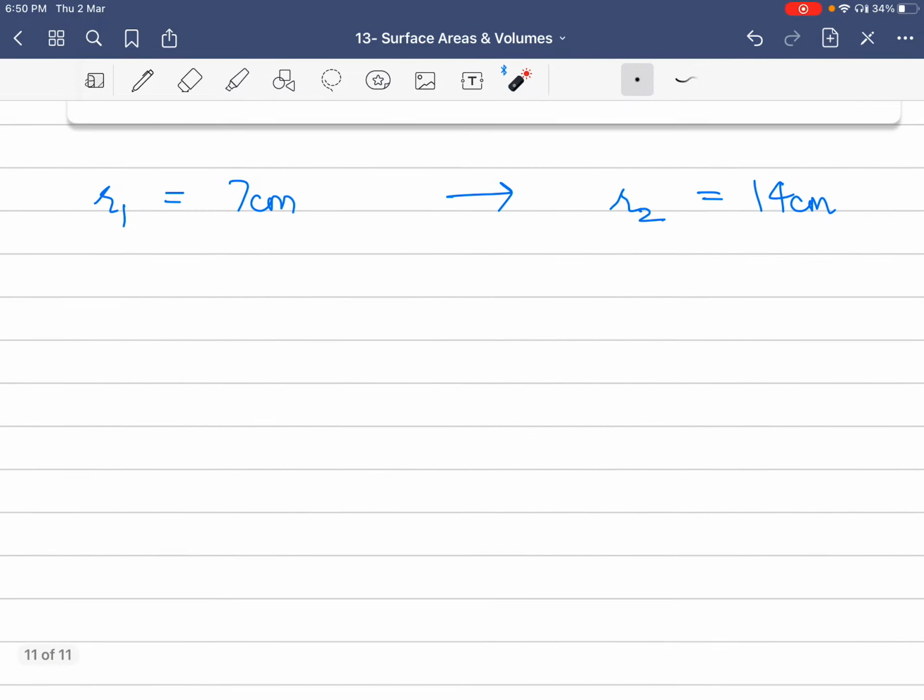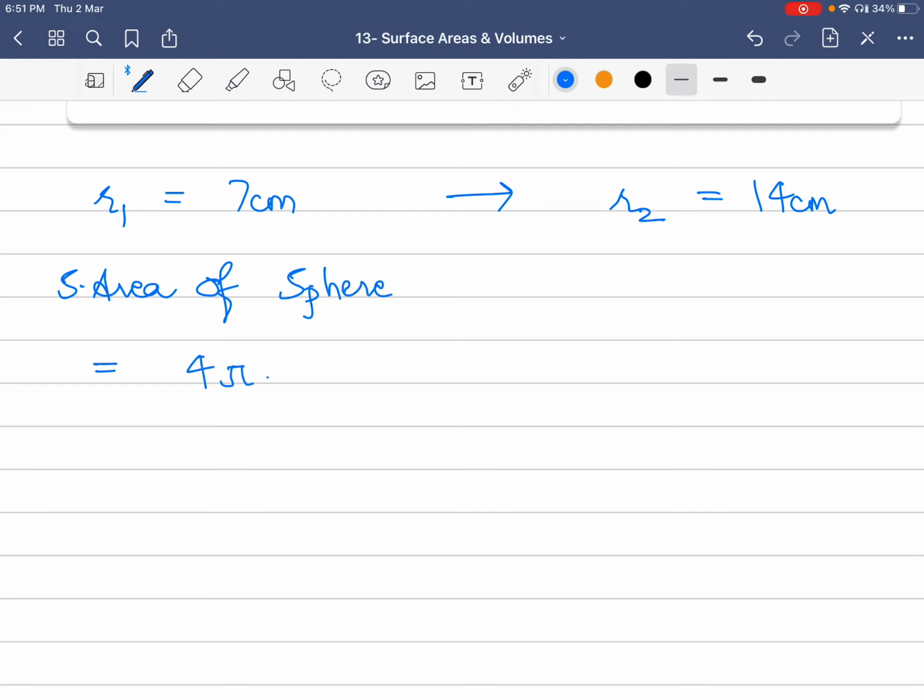So what will be the surface area here? Surface area of the sphere in this case is going to be equal to 4 pi r1 square. 4 pi r square is the formula to calculate the surface area of a sphere, and this is 4 pi r1 square.